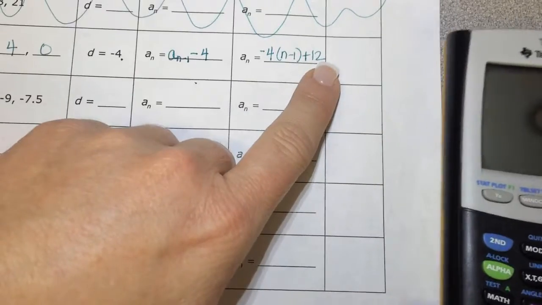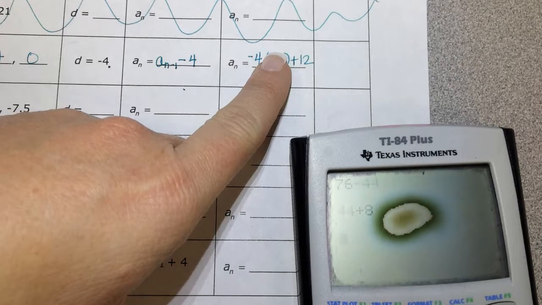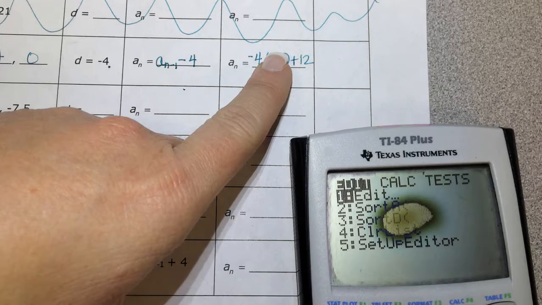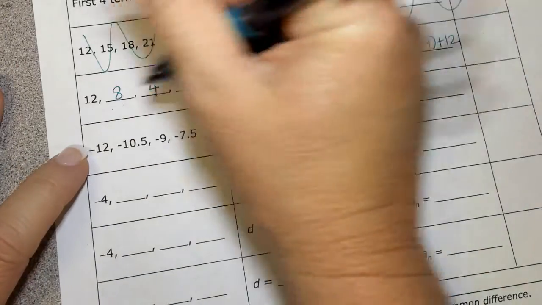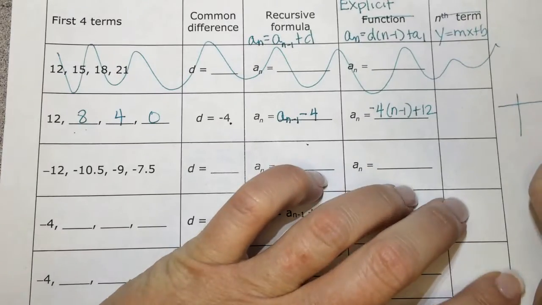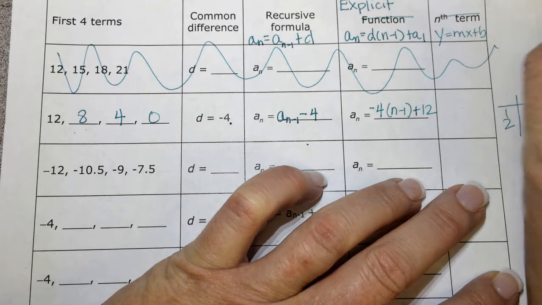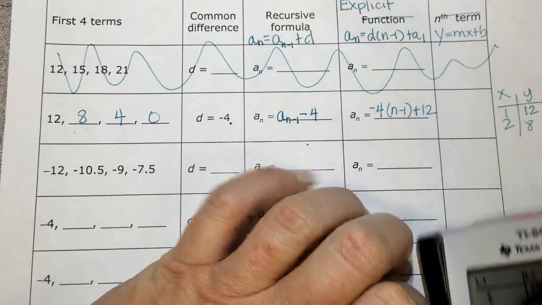Okay, so now to find out what my equation would be, I'm going to go to my stat edit here. And the table that I'm going to set up from here, it'll always be 1, 2, and then 12, 8. And I should say it's always going to be 1, 2 when it comes to our arithmetic sequences.